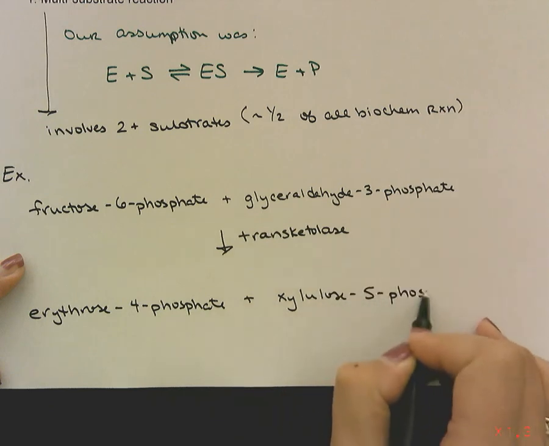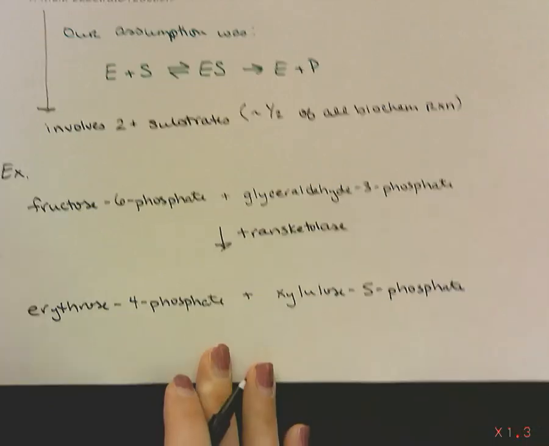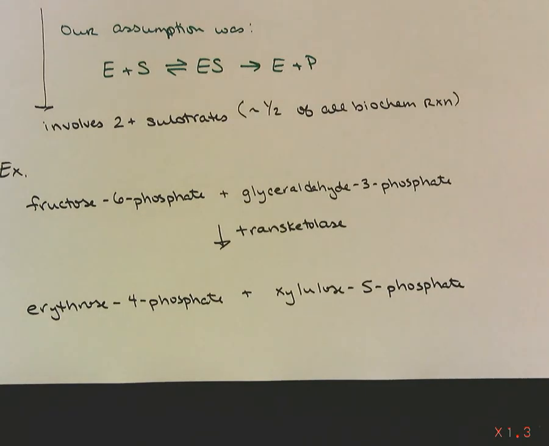These are the products, so you'll end up with erythrose 4-phosphate and xylulose 5-phosphate.